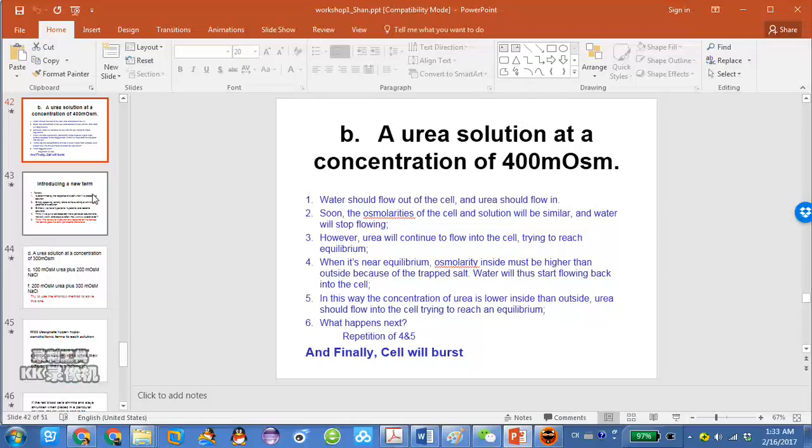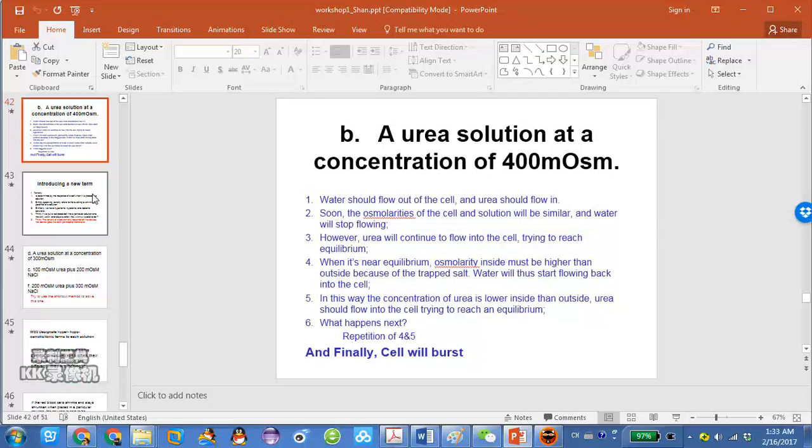Okay, I'll conclude that information in a more brief way. So when you have a urea solution at a concentration of 400 milliosmolar in the outside solution, during the process of diffusion and osmosis, at the ending point of equilibrium, urea will reach the same concentration both inside and outside.